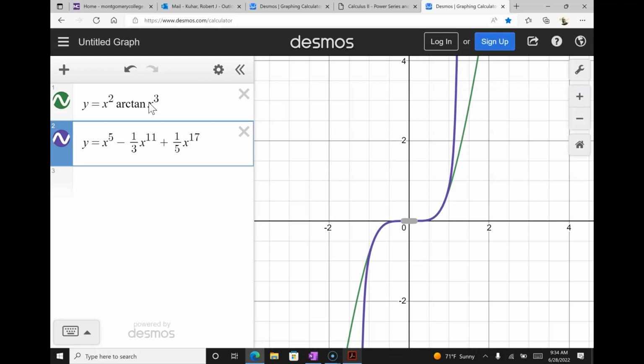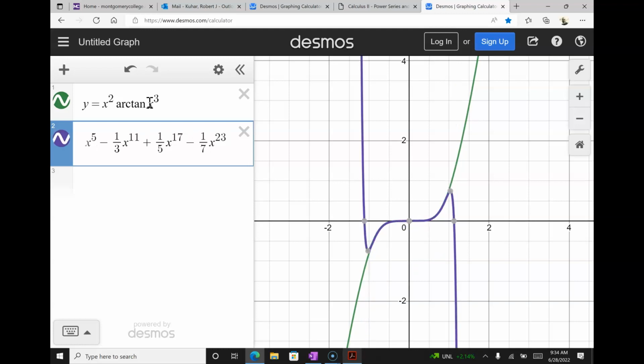I like how it looks like the every minus. Yeah, it's pretty sick looking. Minus 1/7 x to the 23rd. Yeah, it's so desperately trying to get past 1, but it can't. Pretty cool, huh?